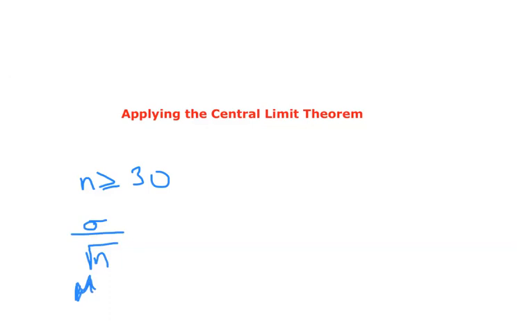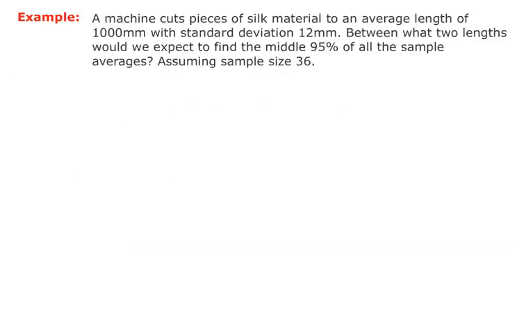Let's look at this question. You might remember this. A machine cuts pieces of silk material to an average length of 1000 millimeters, with a standard deviation of 12 millimeters.